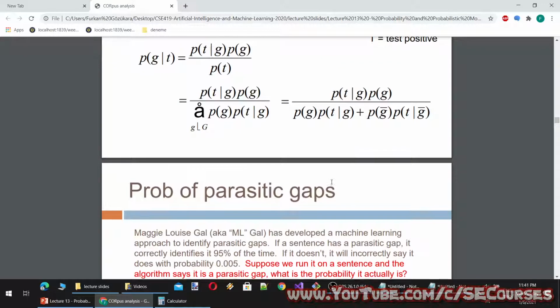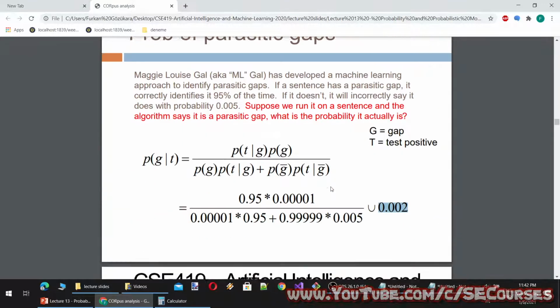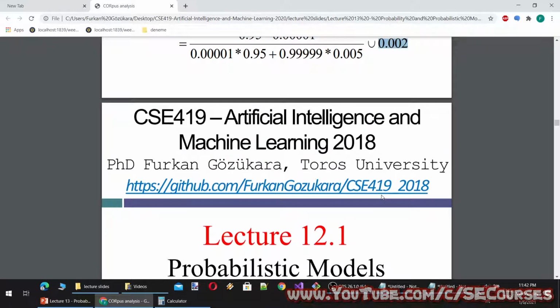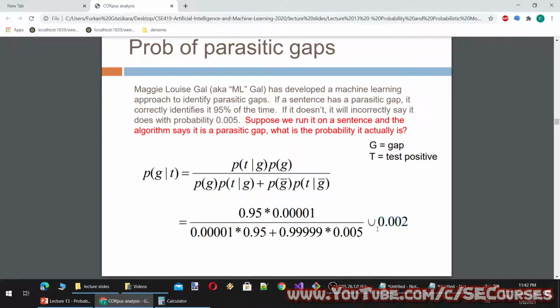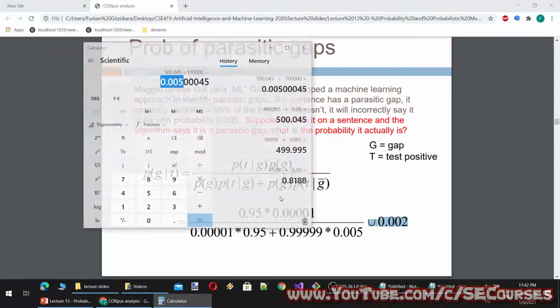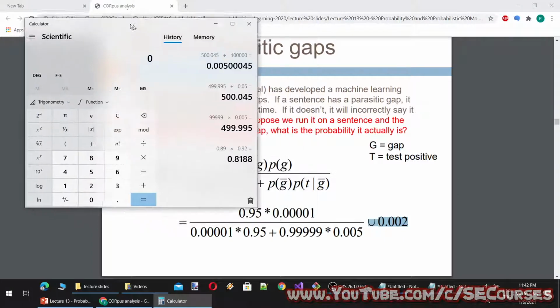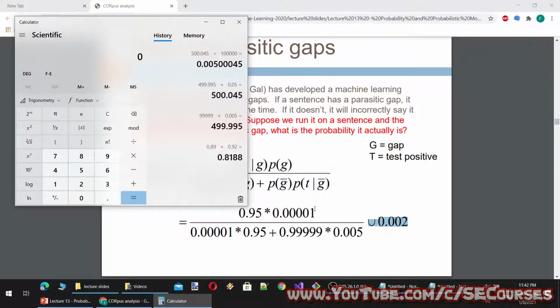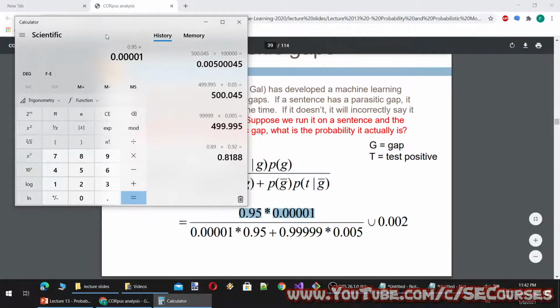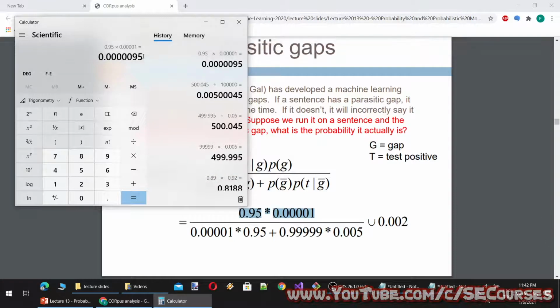Where is this coming from? Oh, I think this is the answer. No, there is nothing like this, so let's calculate it. What is the result of this? Something like this.